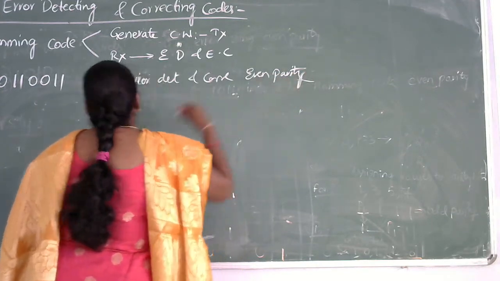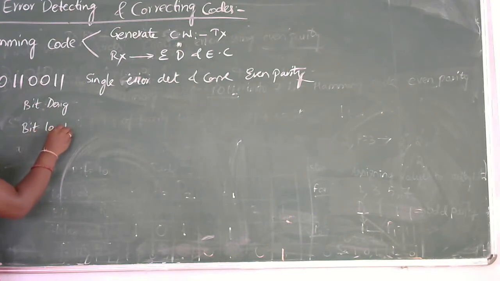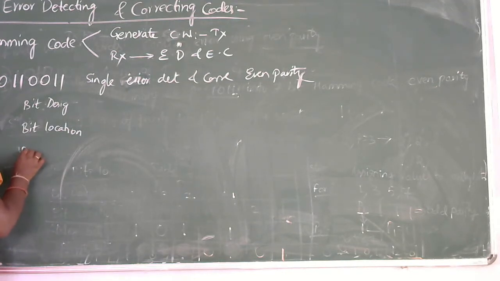For the second type of method, we directly write down the bit location table. As I have already told you, in a bit location table we have bit designation, bit location, binary location, and the next one is code word. The little change in this table is that we are not mentioning message bits and parity bits; I am directly writing the received code word.